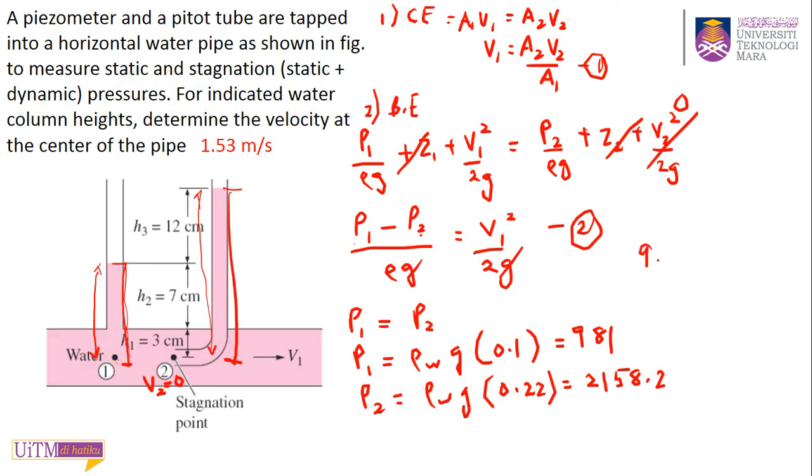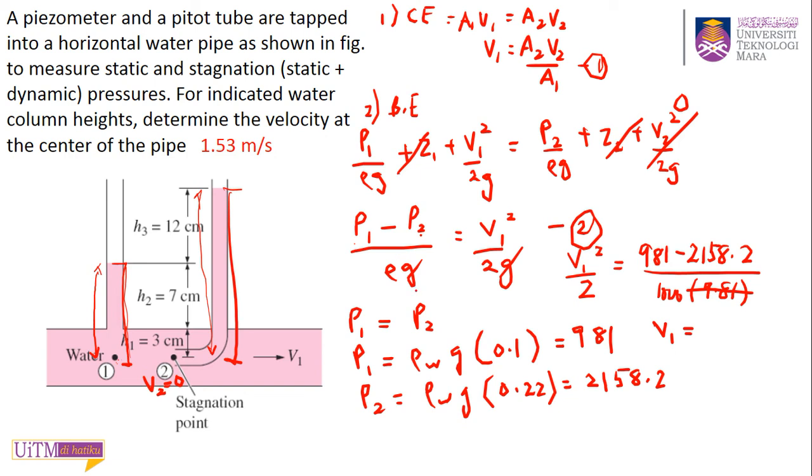So P1 981 minus 2158.2, divided by rho, 1000 times 9.81, and this equals V1 squared over 2. I already cancelled the g, no need to calculate g. Okay, so what is V1? What is V1? I got a negative from this, and A1 minus 2158.